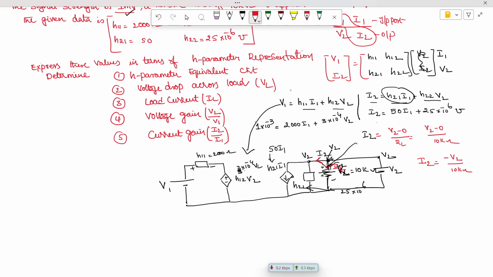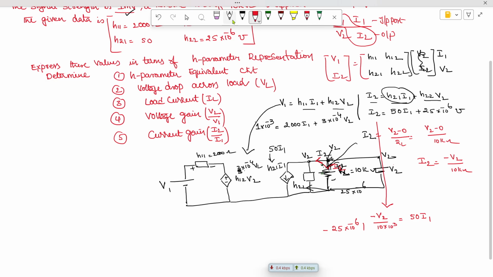So substitute this value in this expression. So this is nothing but minus V2 by 10 kilo ohms is equal to 50 I1, and this also will be coming to this side, which is nothing but minus 25 into 10 to the power minus 6 plus. So plus into minus is once again minus.